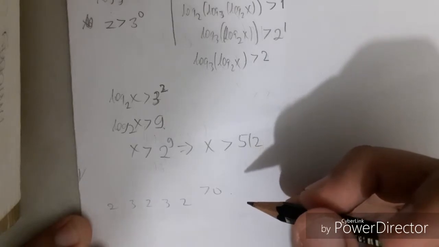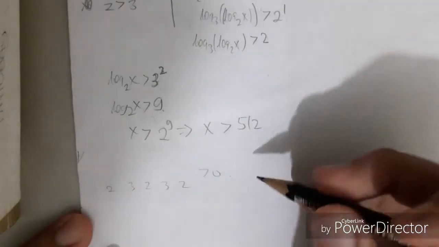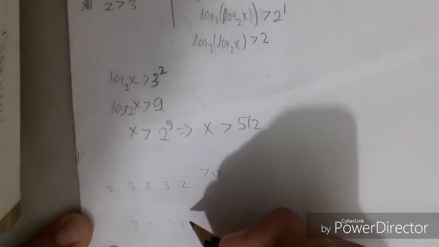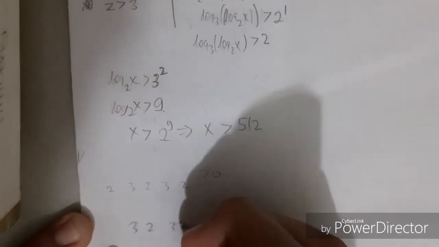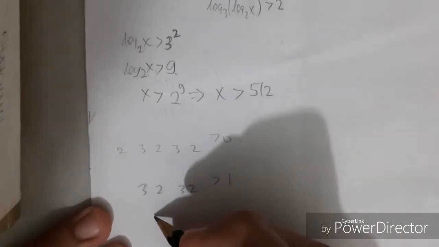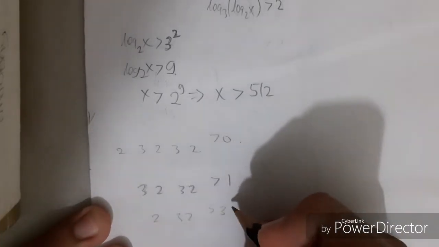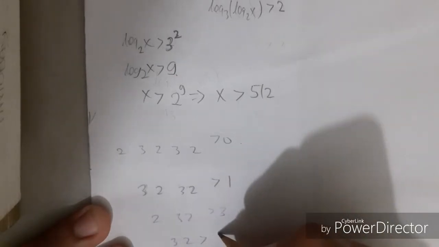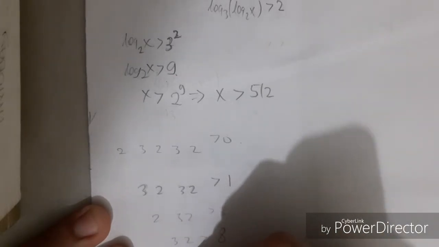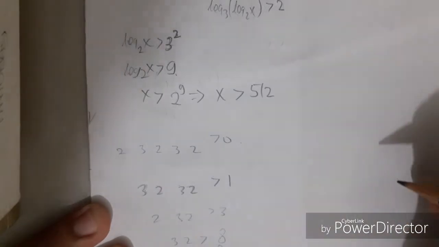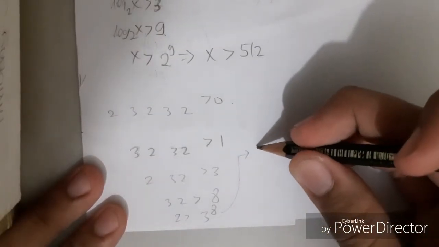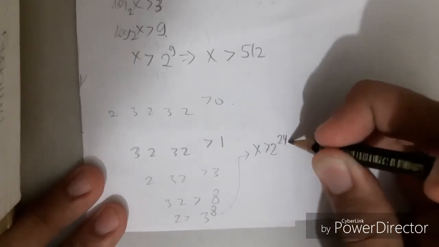So if I do this with the usual steps, it would be 3, 2, 3, 2, 1, and then 2, 3, 2. 3 to the power of 1 is 3, and then 2 to the power of 3 is 8, and 2 greater than 3 to the power of 8, it's getting bigger. And then we get x is greater than 2 to the power of 24.